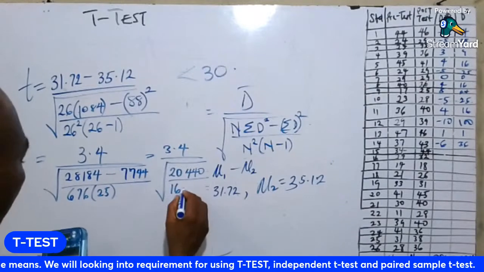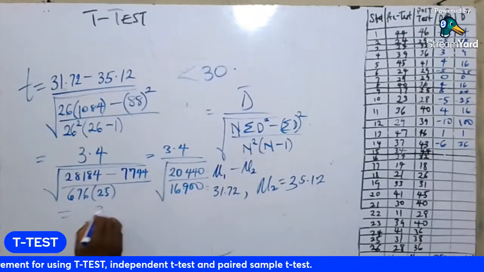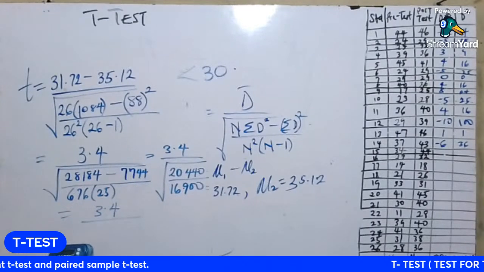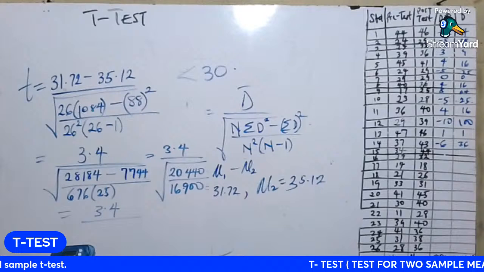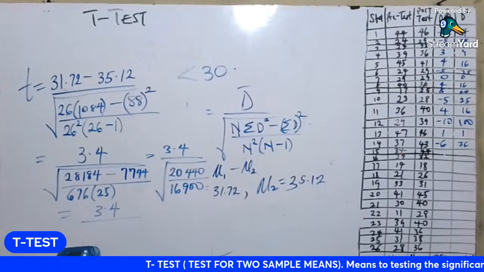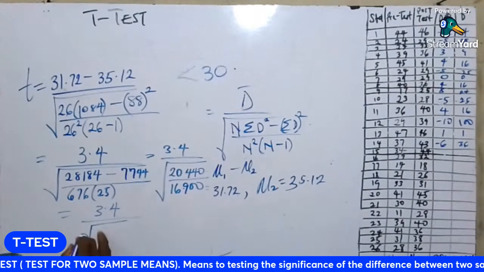And that will give me 16,900. So I'm going to take 3.4 over 20,440 divided by 16,900.